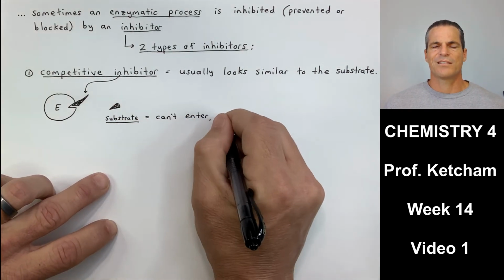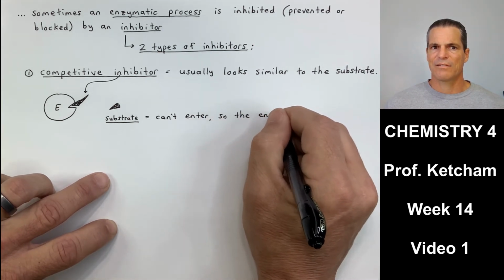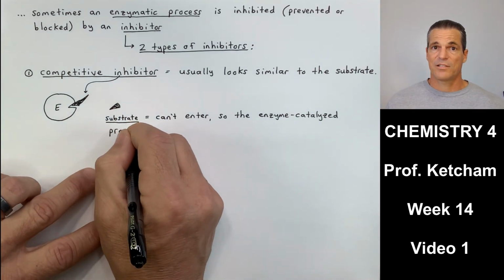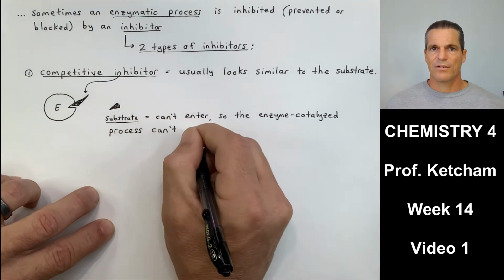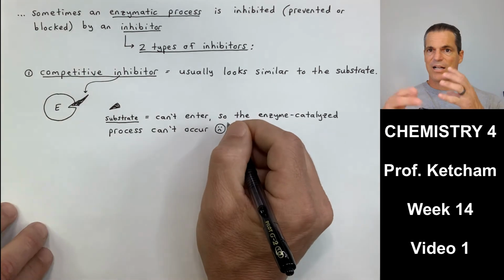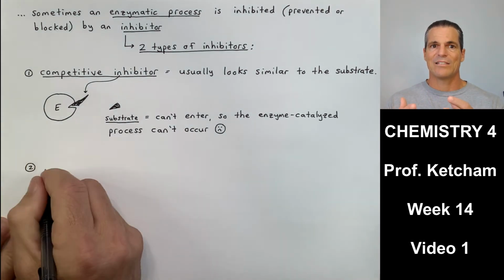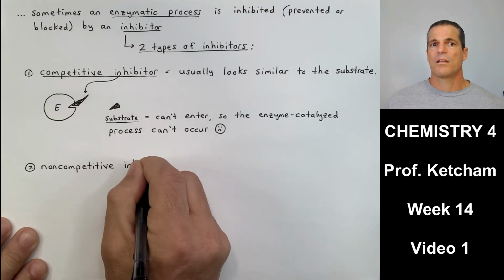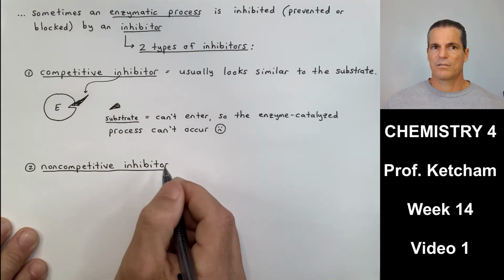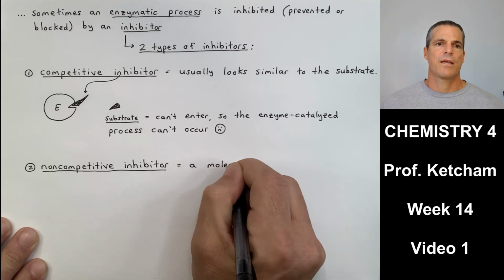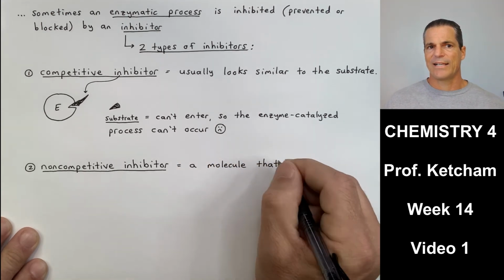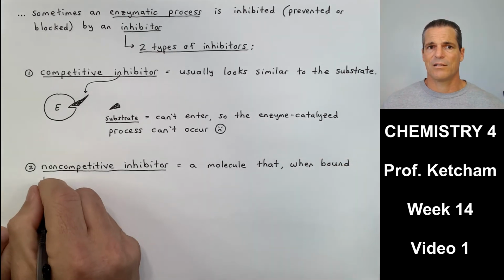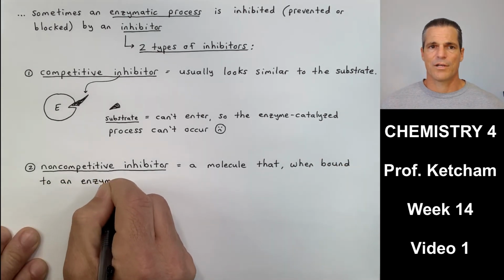So if the substrate is unable to bind to the active site because the beach is too crowded and there's someone else already in his spot, so if he can't enter the enzyme active site, he's not going to be able to undergo the enzyme catalyzed reactions that convert substrate to product. This is called competitive inhibition. This is a competitive inhibitor. Okay? So if my substrate looks like a pizza slice, I've tried to make that competitive inhibitor there sort of look like a pizza slice. It kind of looks like an obtuse triangle though.